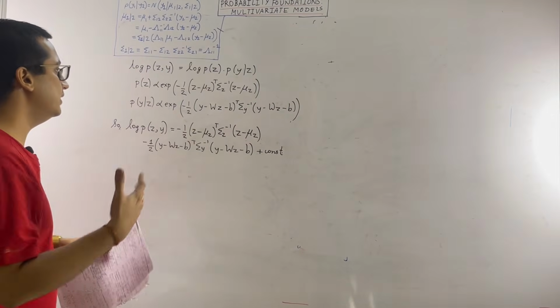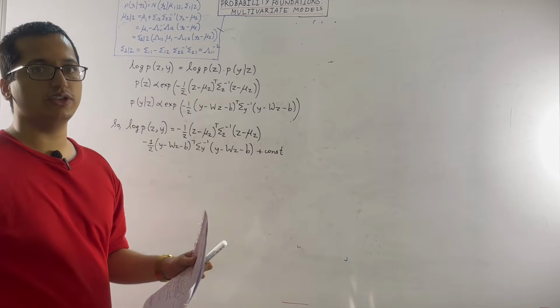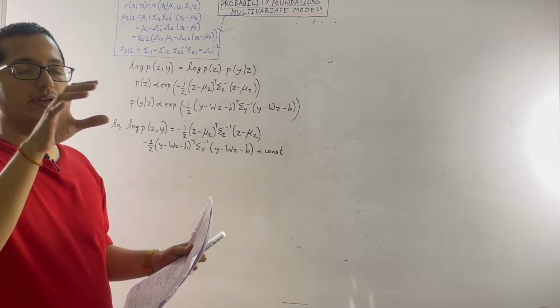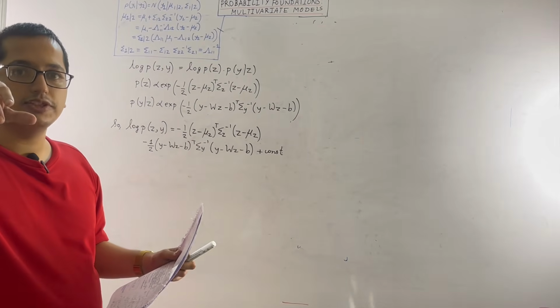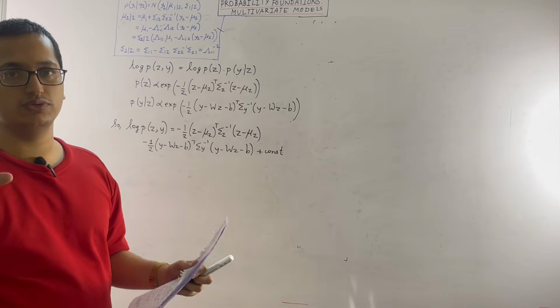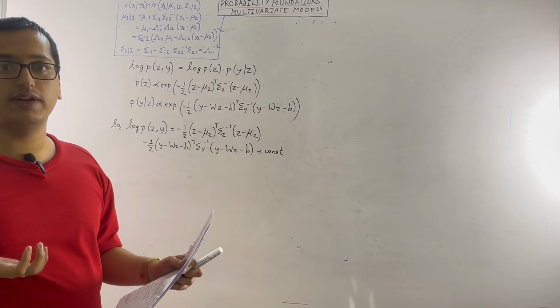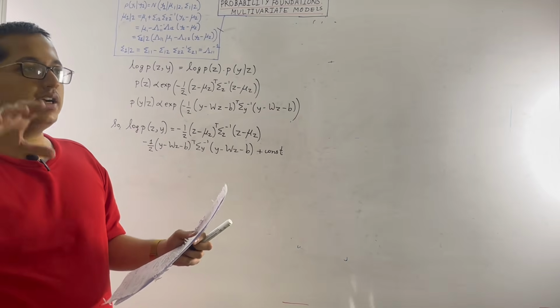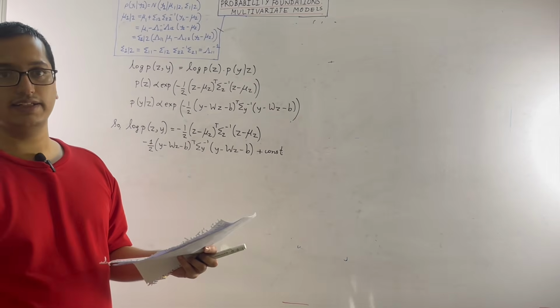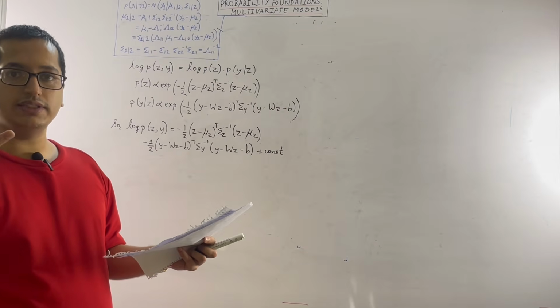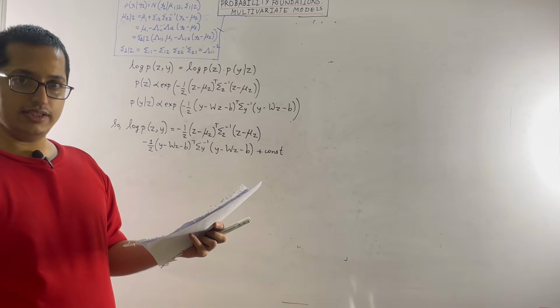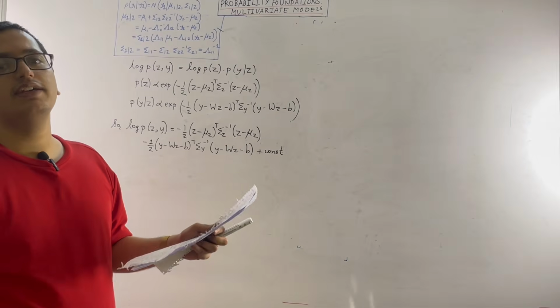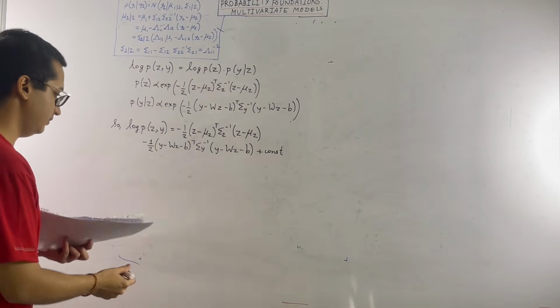The linear and the constant terms I can just ignore, because I need it in that form, x minus mu transpose sigma inverse x minus mu. So it has to be in that quadratic form. Quadratic in what? In z and y. Either both terms are z, two z's in one term, or there's a z and y, you get it, right?